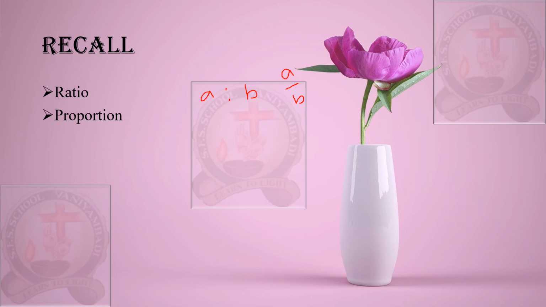Next, proportion. What is a proportion here? If you write two ratios as equal, for example, A is to B as C is to D, then this equality of two ratios is called a proportion, which means A by B is equal to C by D. Children, the ratios are not in proportion; the terms A, B, C, D are in proportion.